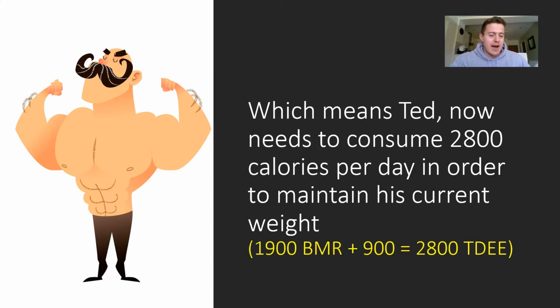For Ted, that equals 2,800 calories. Again, for you guys it's going to be different, depending firstly on your body stats, and secondly on how much activity you do in a day.